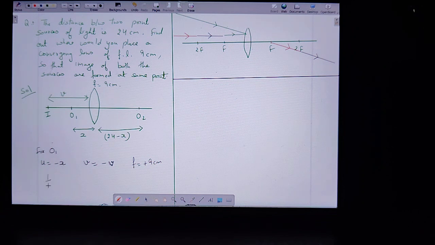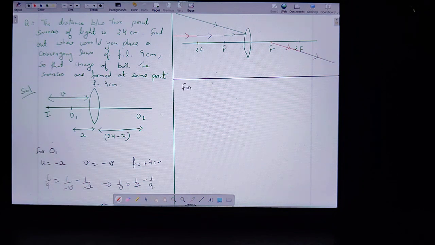We get here 1 by f, that means 1 by 9, equals 1 by v minus 1 by u, that is minus x. This is my first equation. So I can say that 1 by v equals 1 by x minus 1 by 9.